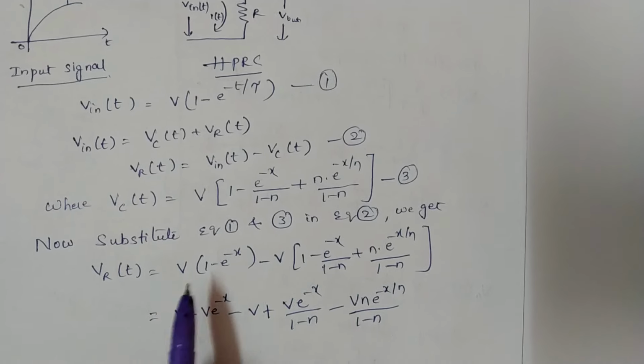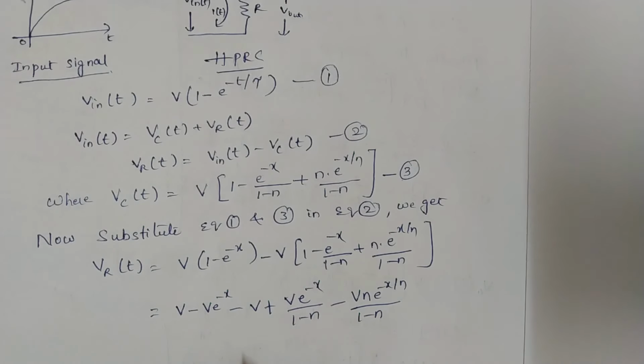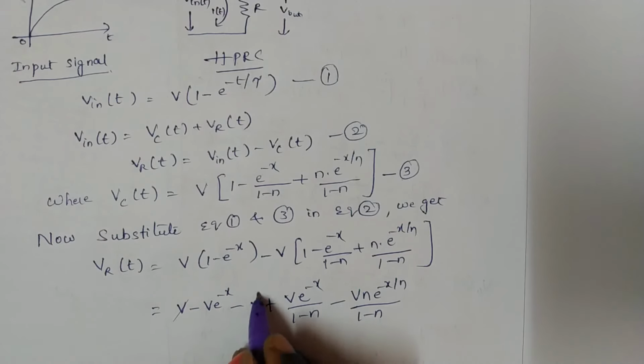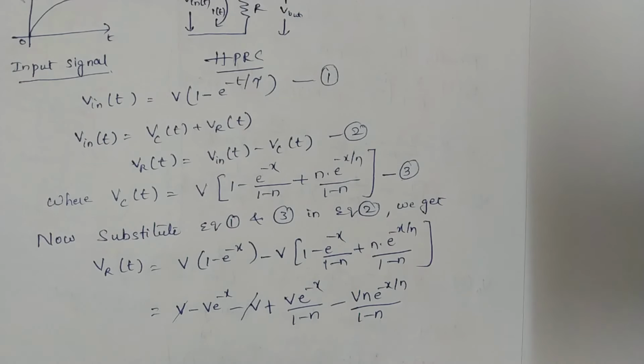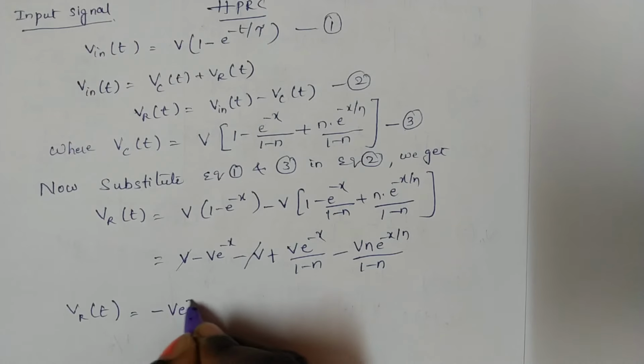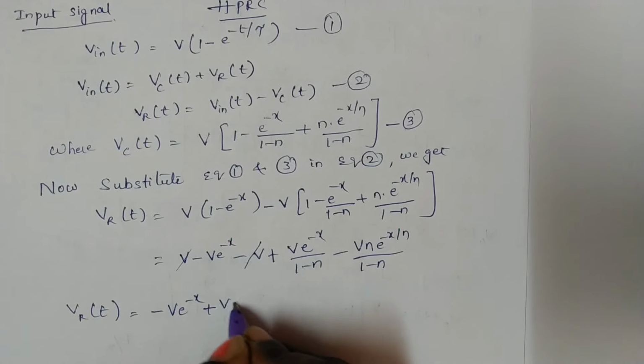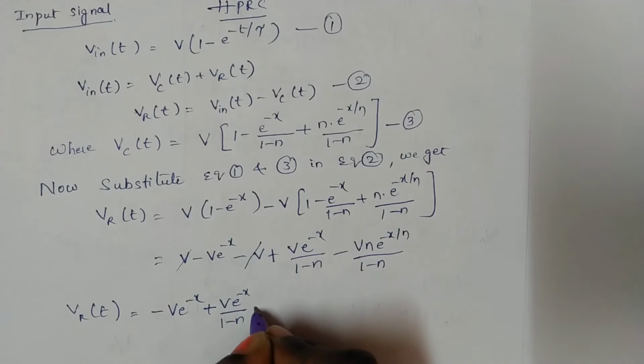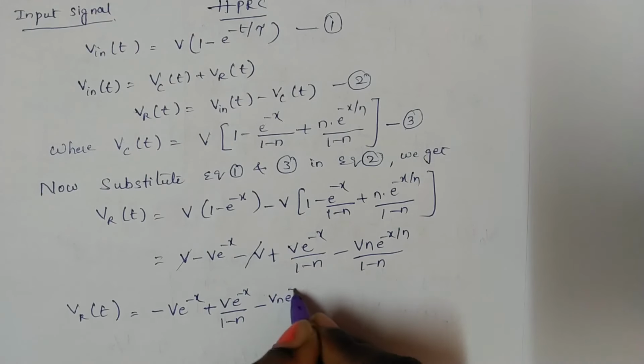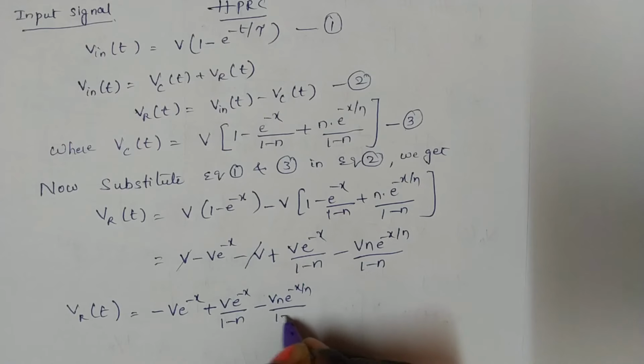I am multiplying each term, and now I am simplifying the common terms. The plus V and minus V cancel. So Vr of t equals minus V into e power of minus x plus V into e power of minus x by 1 minus n, minus Vn into e power of minus x by n into 1 minus n.